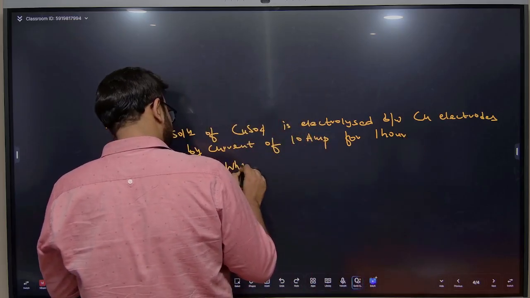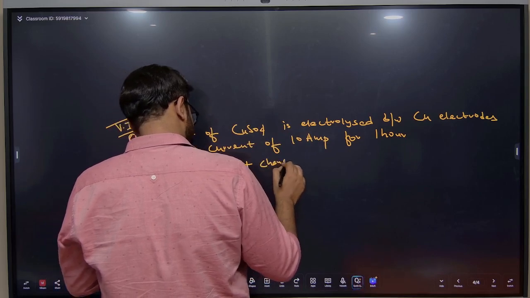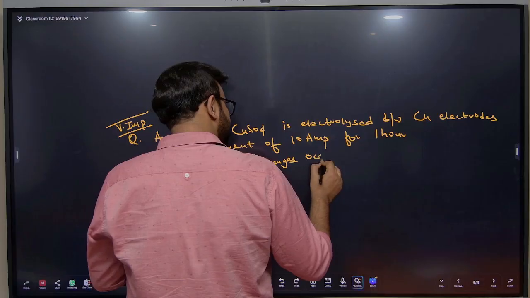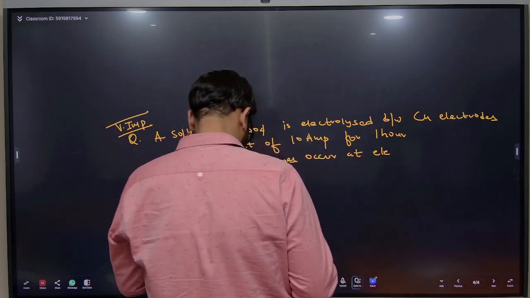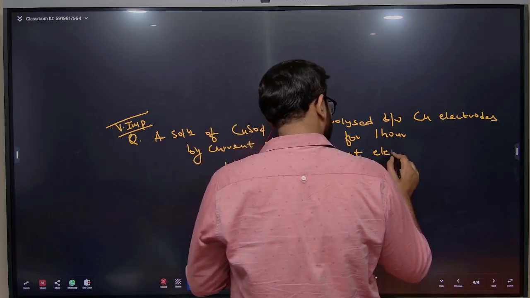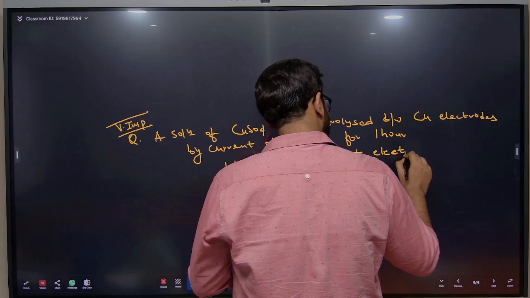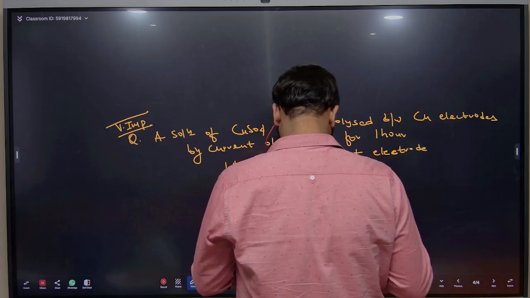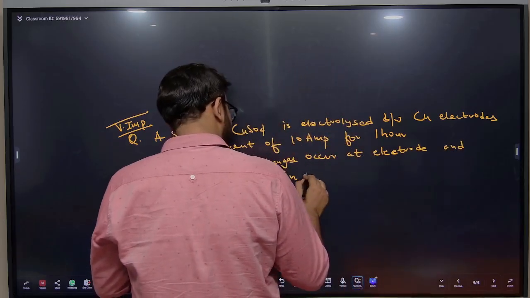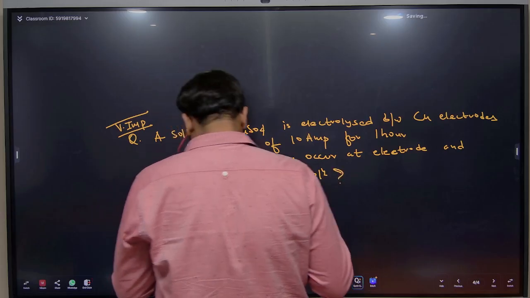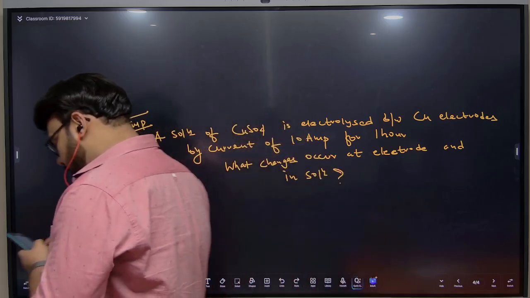What changes occur at electrodes and in solution? Now explain to me the meaning of the last line. What changes occur?